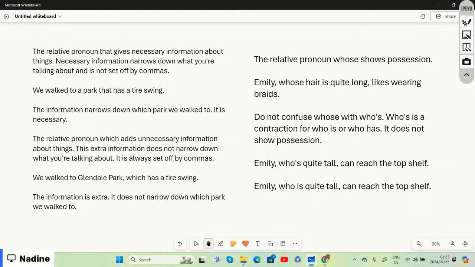All right, so we say that a relative pronoun gives information about things, right?